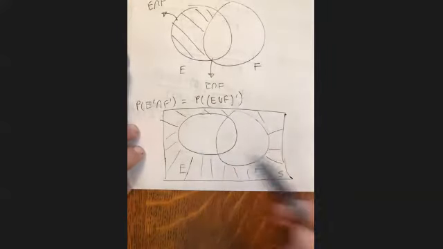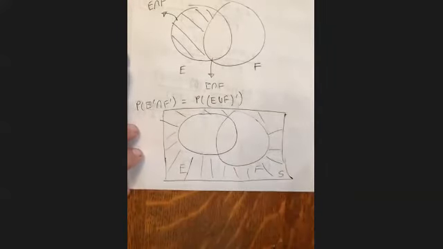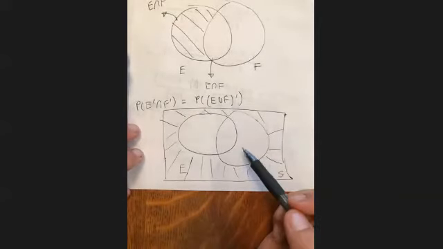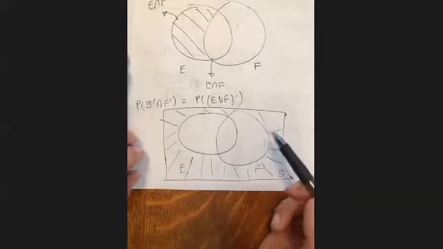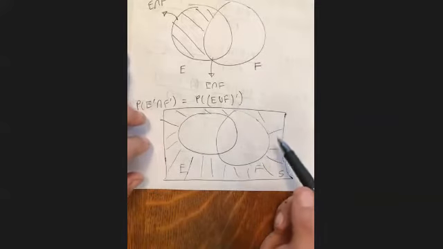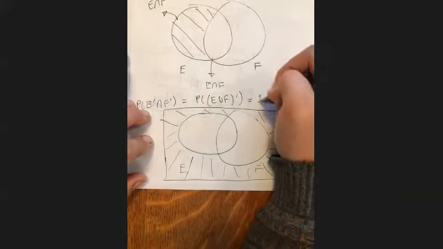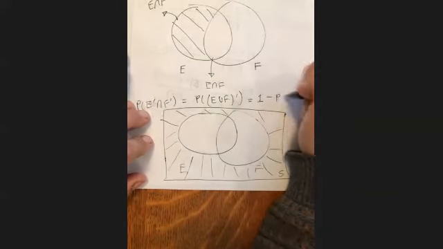So we can see that here's E union F and everything outside of E union F. Okay, so this should be the same as 1 minus the probability of E union F.